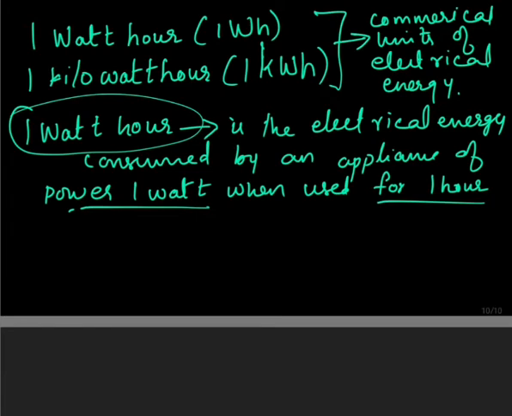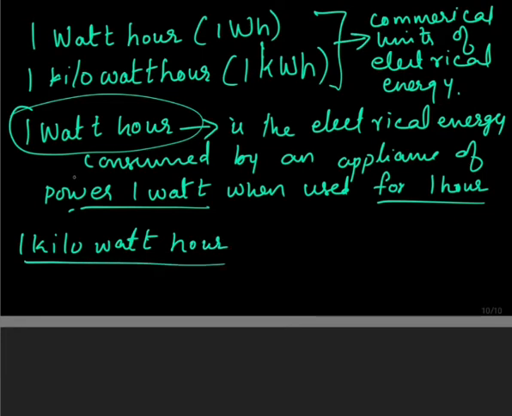So similarly we can define 1 kilowatt hour also. The same definition can be used. The only difference is, when we say about power, instead of 1 watt you have to write 1 kilowatt.